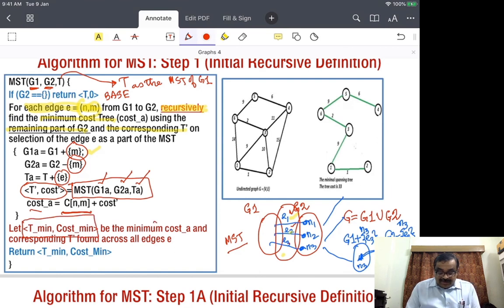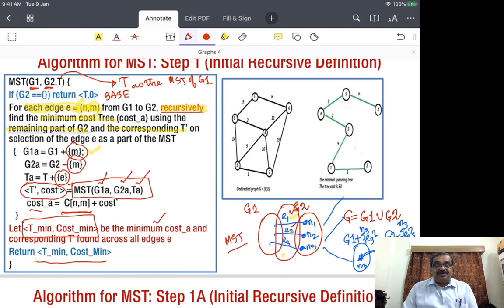And that minimum is the return from here. So if T min is the minimum of all the T dashes, and cost min is the minimum of all the costs of each edge, then that cost min is the minimum cost we return as it goes back. So what we have done is we have chosen each and every edge and done a recursion.